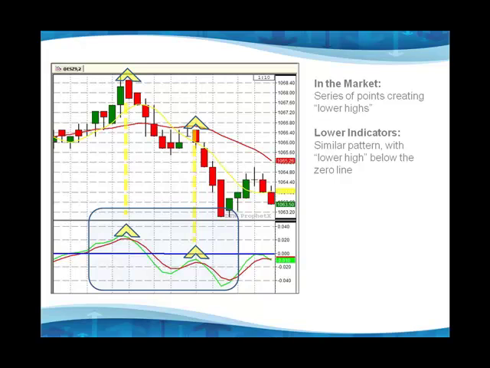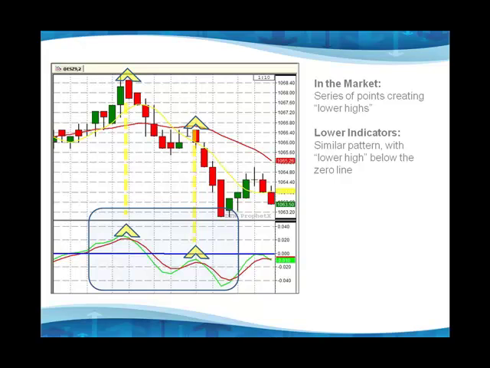So now if we line up the points that we're looking at in the market with the points in our lower indicators, we can see a similar pattern. We want to make sure that the second peak, the lower peak, is actually below the blue line, which is the 0 line in our lower indicators.